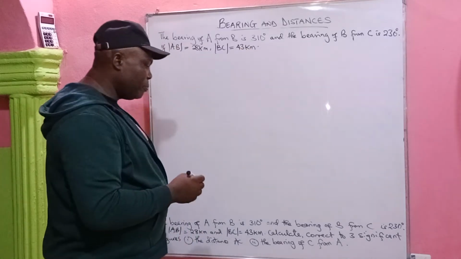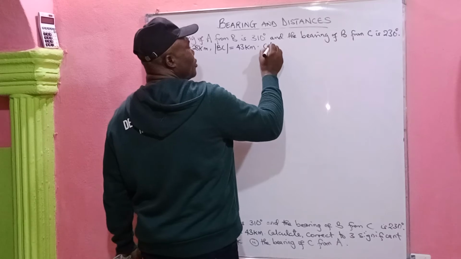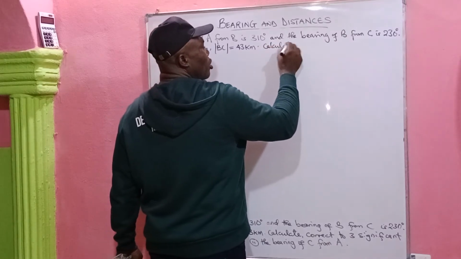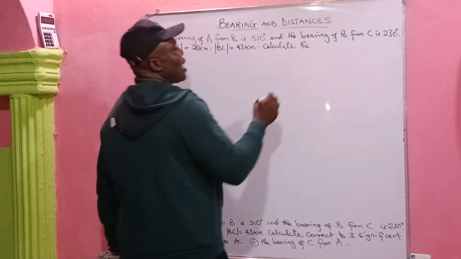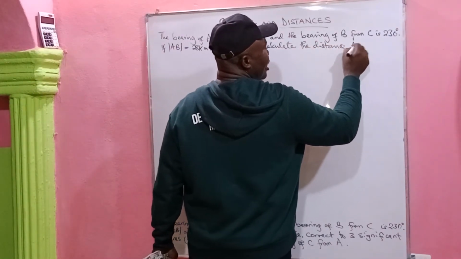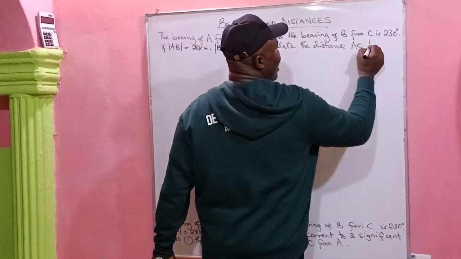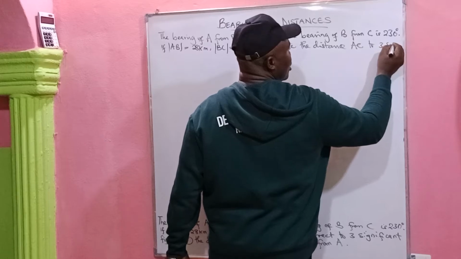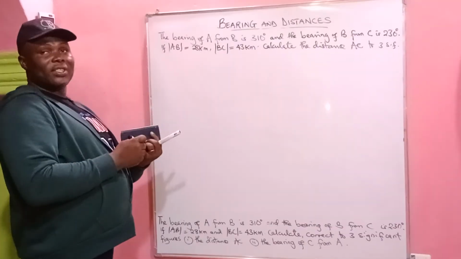Now they say we should calculate, correct to 3 significant figures, the distance AC, and also the bearing of C from A.